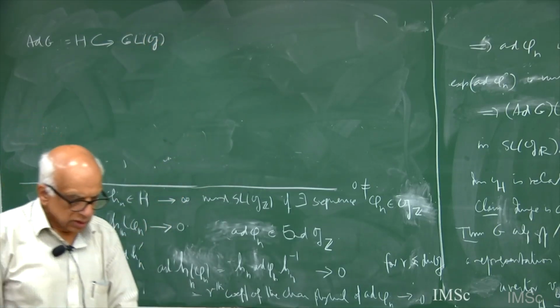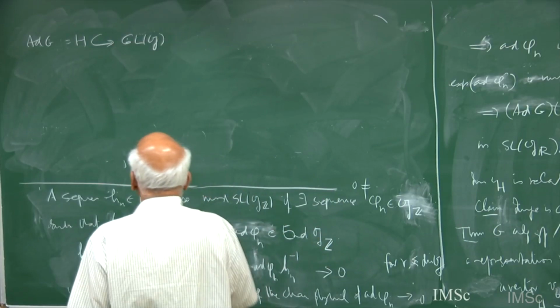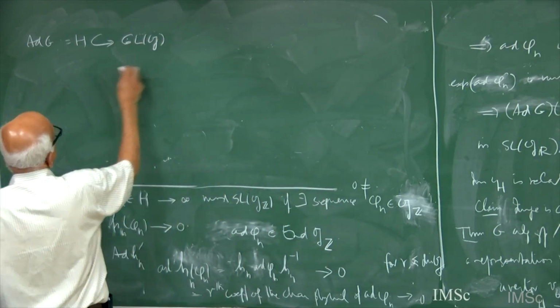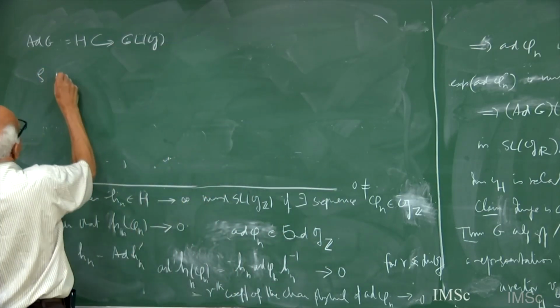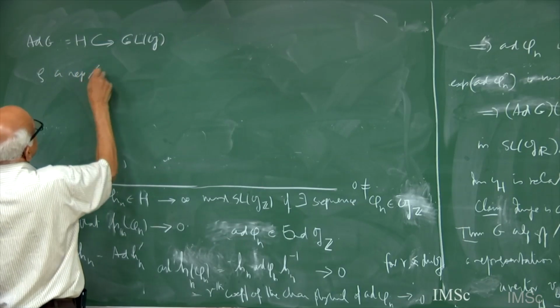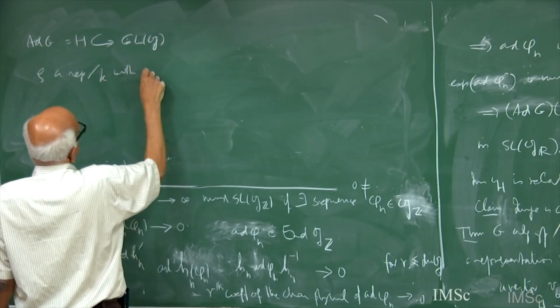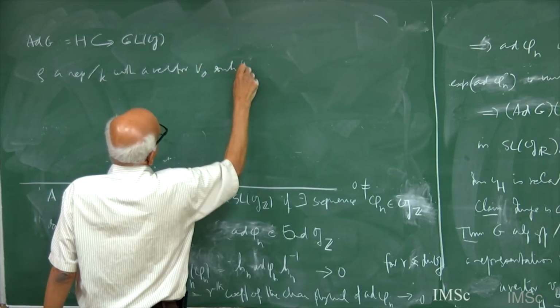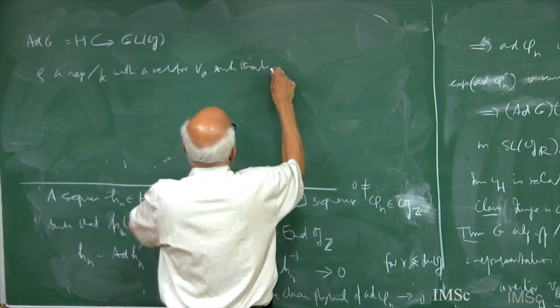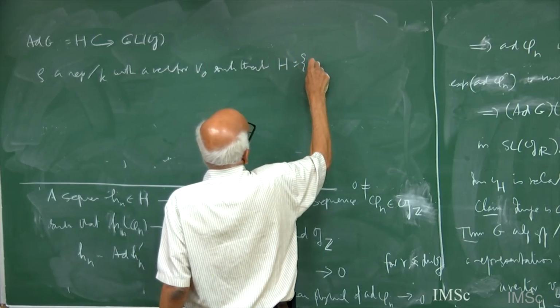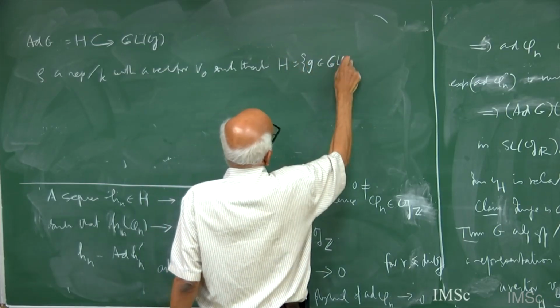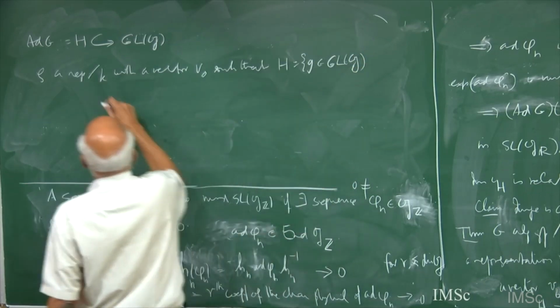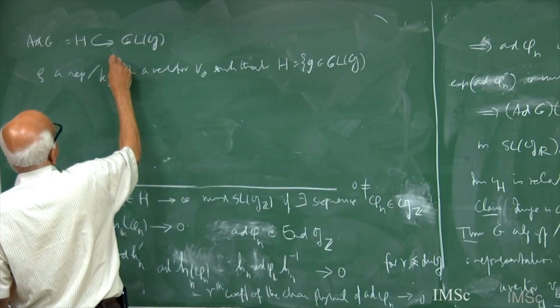So you look at the representation rho with that property, with a vector v naught such that H equals the set of g in GL_n represented over k.